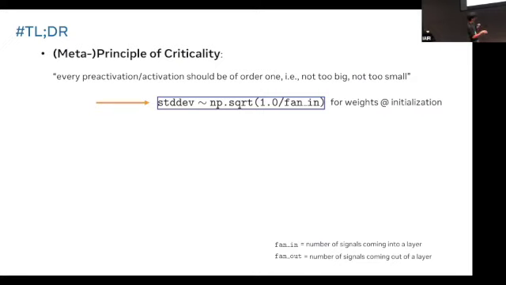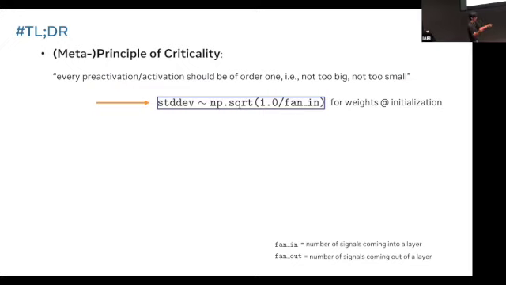And by doing some calculations, it gives you the scaling for how you should set the initialization hyperparameter: the standard deviation of each weight initialization should be square root of 1 over fan-in. I think many people know what fan-in and fan-out mean, but in case you don't, there are weights connecting 2 layers, and the number of signals coming in is called fan-in, and the number coming out is fan-out.